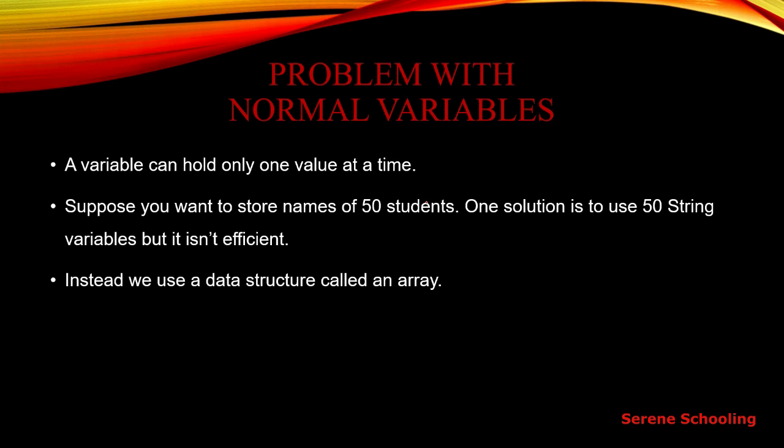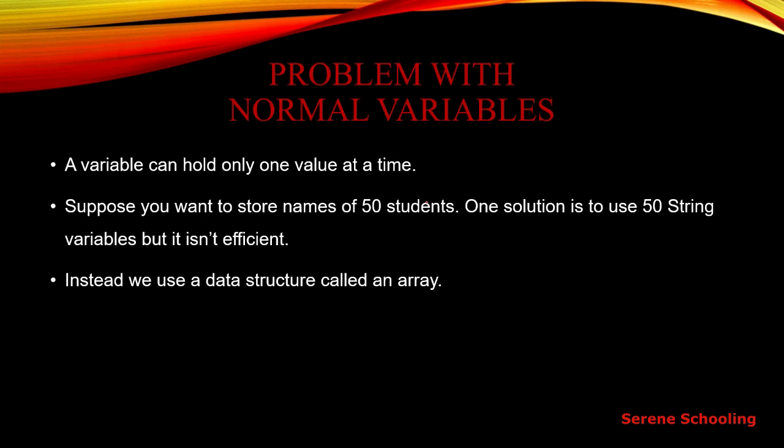Suppose you want to make a program to store the names of 50 students. Now that becomes a problem. One solution is to create 50 variables, of course, but that will become very tedious and messy, and hard to manage. You will lose track of your variables, and you have to take input on every variable separately.